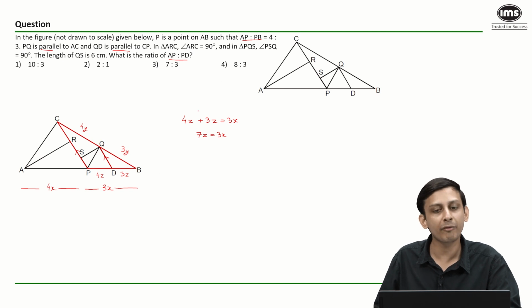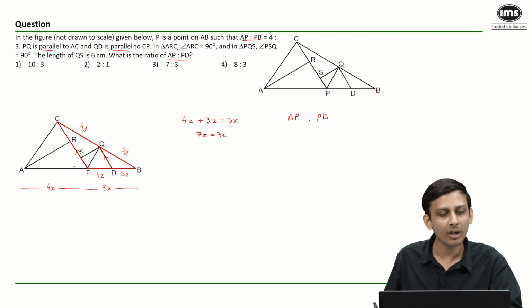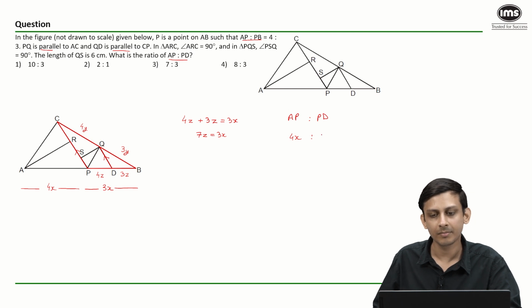Now focus on what we have to find. We have to find the ratio of AP and PD. Now what is AP? AP is 4x. And what is PD? PD is 4z. So let us express either x or z in terms of the other one. So we have 7z is 3x. So we'll get that z is equal to 3x by 7.